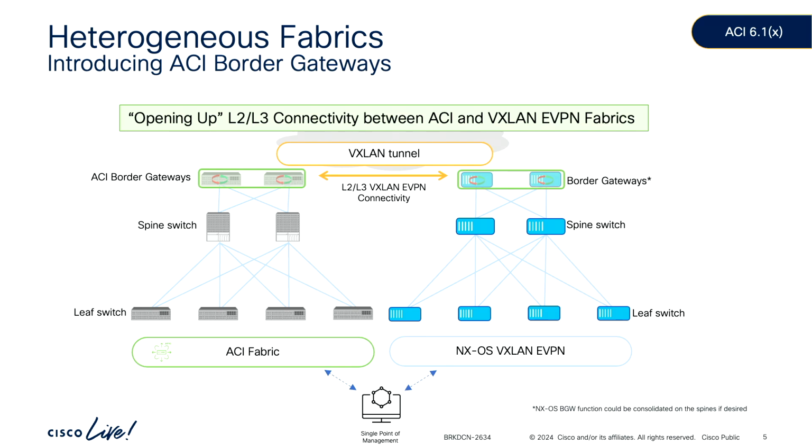And so the idea is through that insertion or injection, if you want, of the border gateway nodes in an ACI fabric, I will be able to extend connectivity, layer 2, layer 3, and policy across the two domains, okay? And that's the critical function.